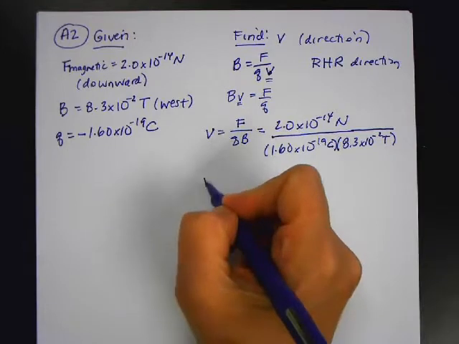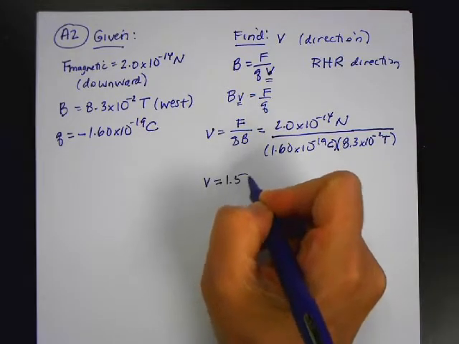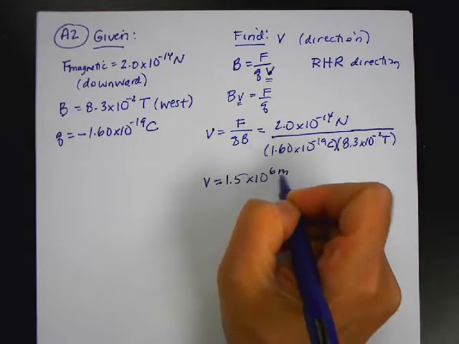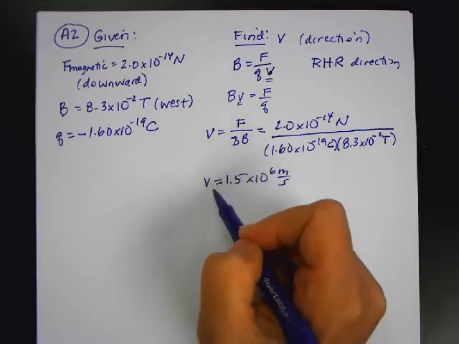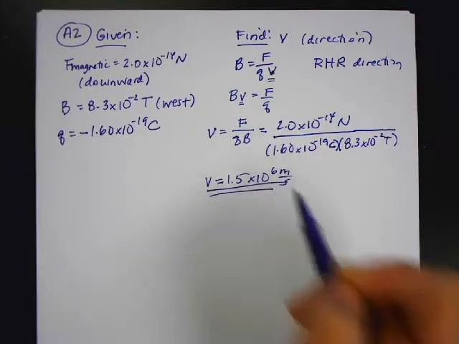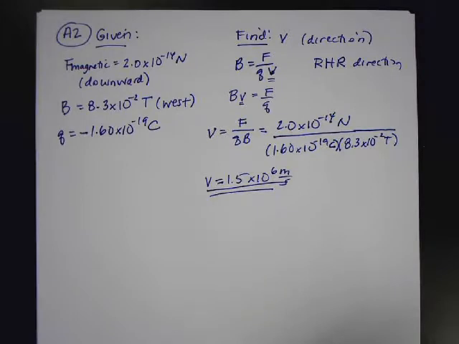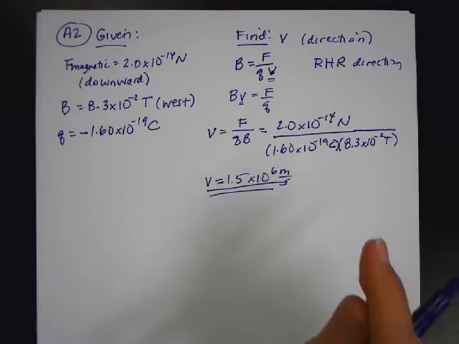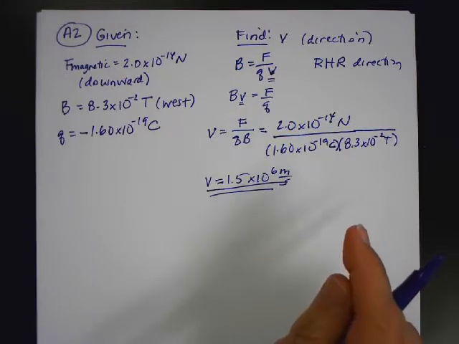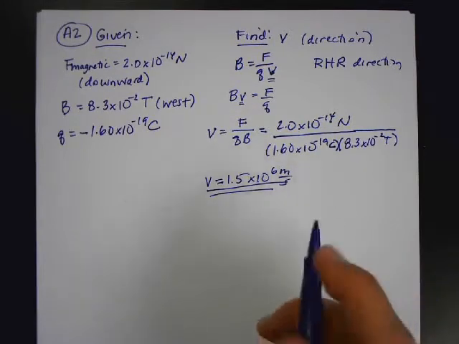So when I do the math, the velocity comes out to be 1.5 times 10 to the 6 meters per second. But this is only part of my answer, because they ask me for the direction, and velocity is also a vector quantity, has both magnitude and direction.